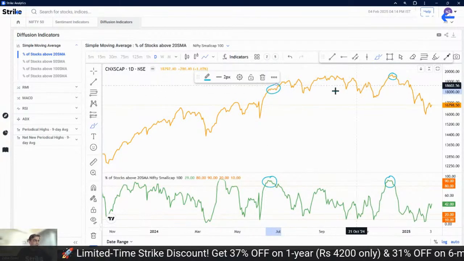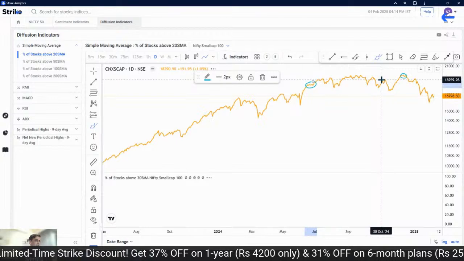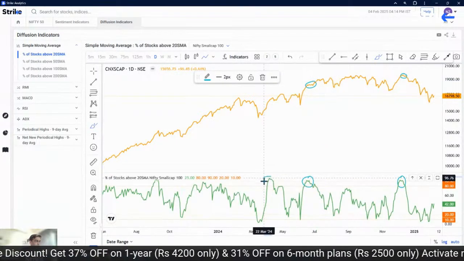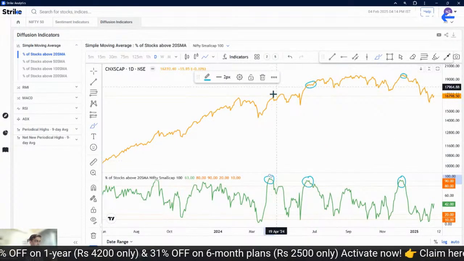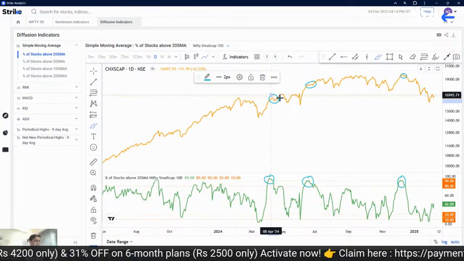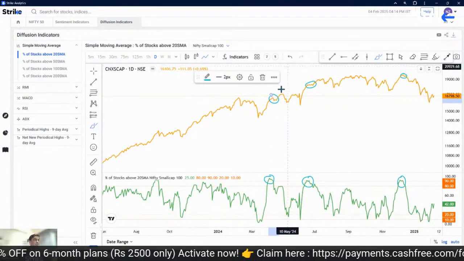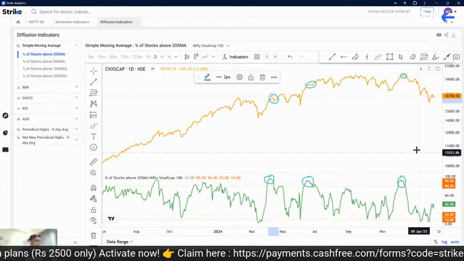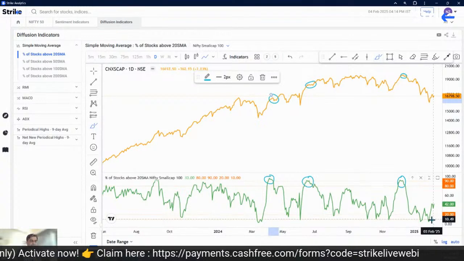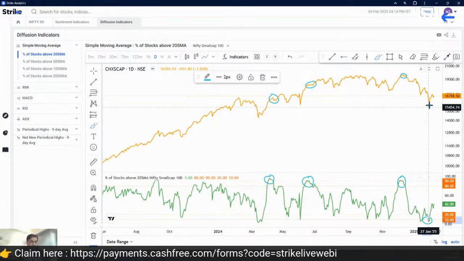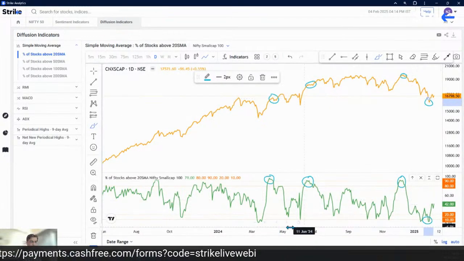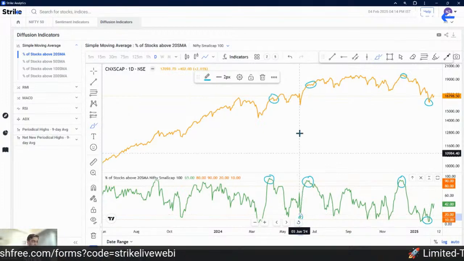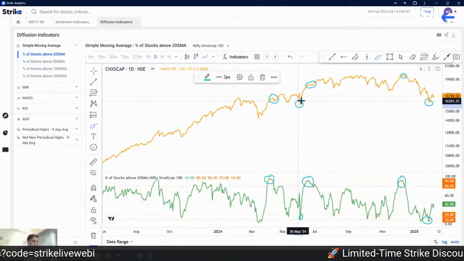The market went down sideways. Whenever this indicator comes to a high end, the market does not rally nicely. But when the indicators are at the bottom, we can see some bottoms forming.